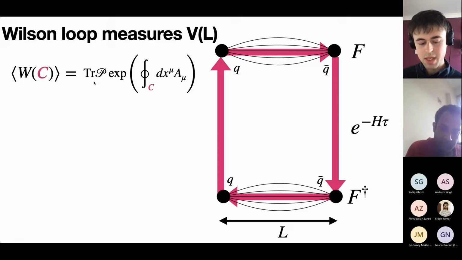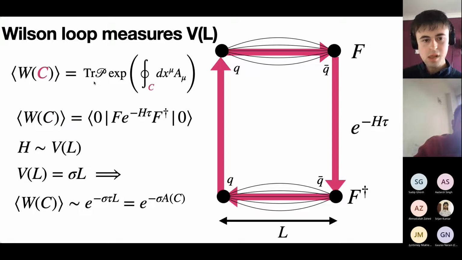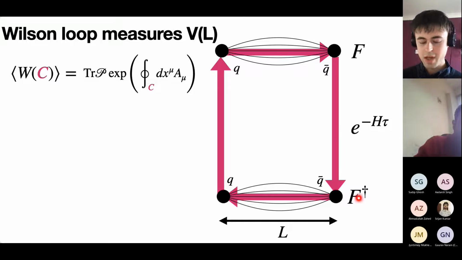And so for simplicity, we'll take the C to be a rectangle, and we can construct the path in the operator formalism as follows. First, we create the quark anti-quark pair at one instant in time with the operator f dagger, and then next we propagate it in Euclidean time tau for a very large tau.